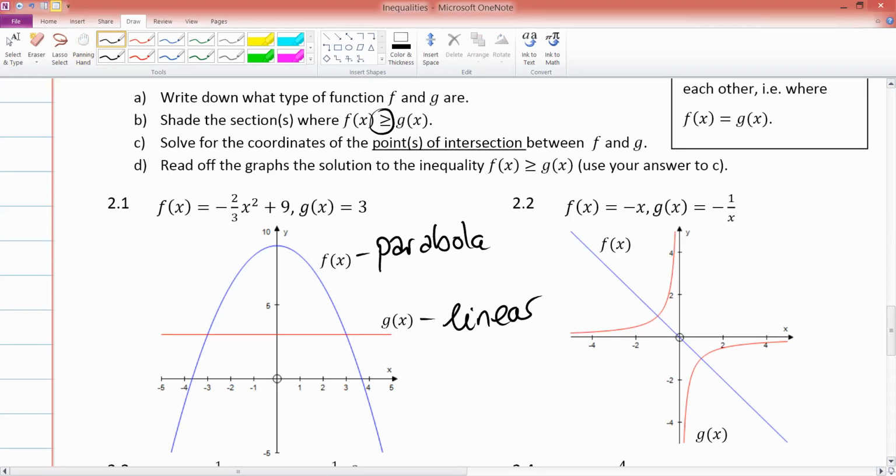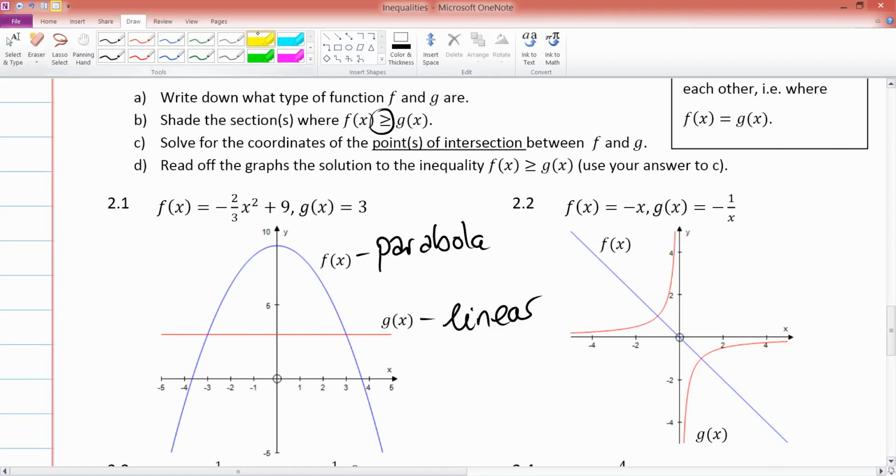Solve the coordinates of the points of intersection between f and g. Read off the graph solutions to the inequality f of x is greater than or equal to g of x. So we've done part 2.1a. We've written down the types of functions f and g are. Then shade the section where f of x is greater than or equal to g of x.